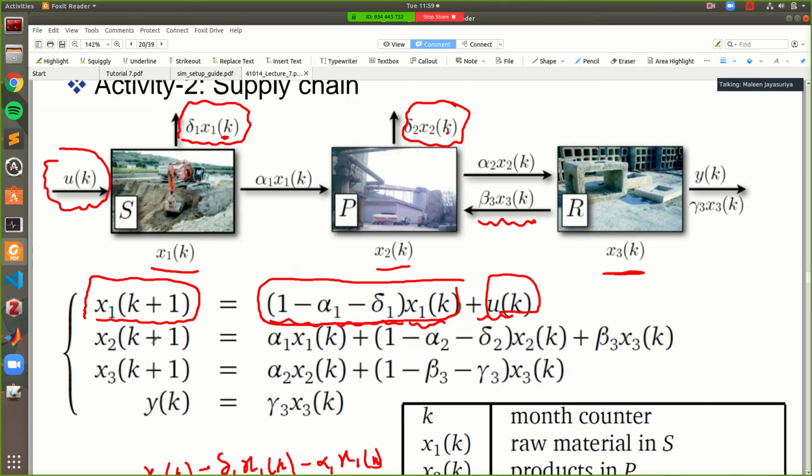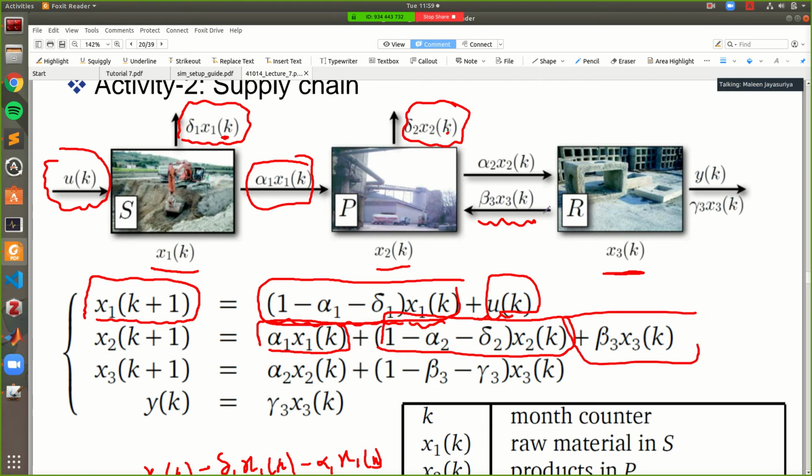And so it's the same logic in x2k as well. You can just see here what we're having is the input to our p step, that is, this is our input, and then whatever is left over from the previous step, and then whatever is coming from this stage back into the system.